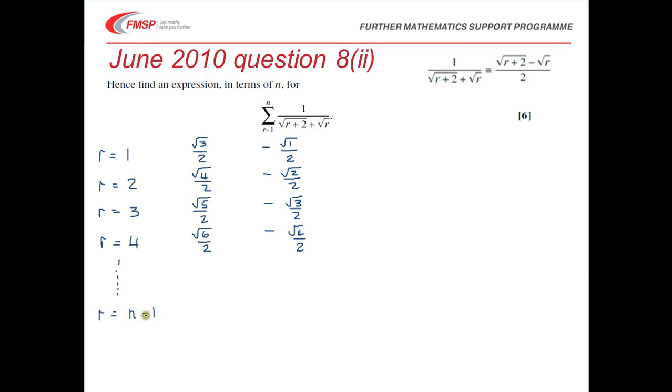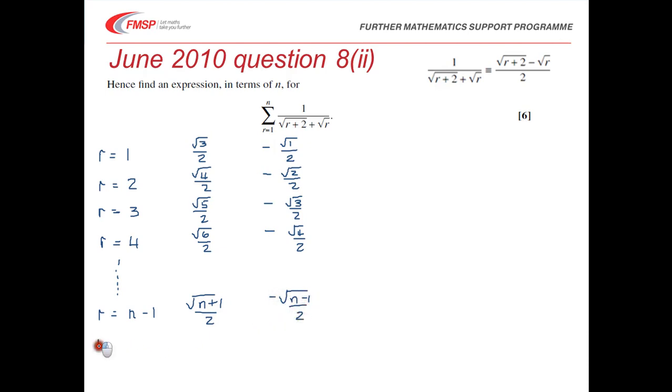So if r is equal to n minus 1, then r plus 2 would be n plus 1 over 2, and root r would be root n minus 1 over 2.